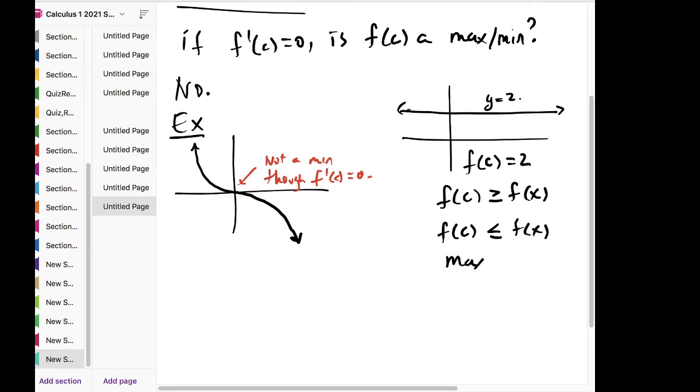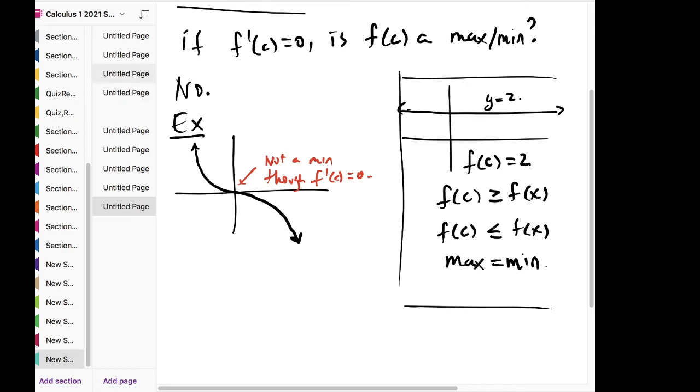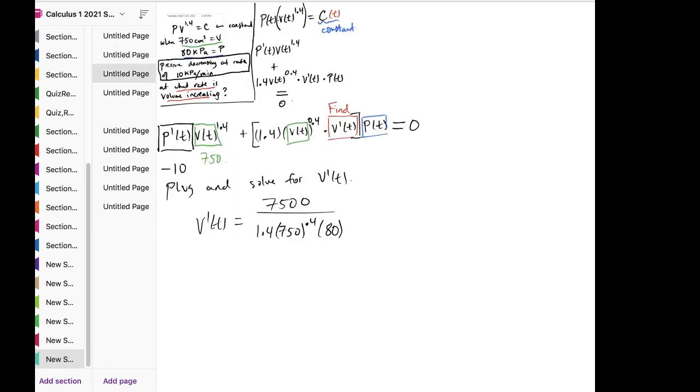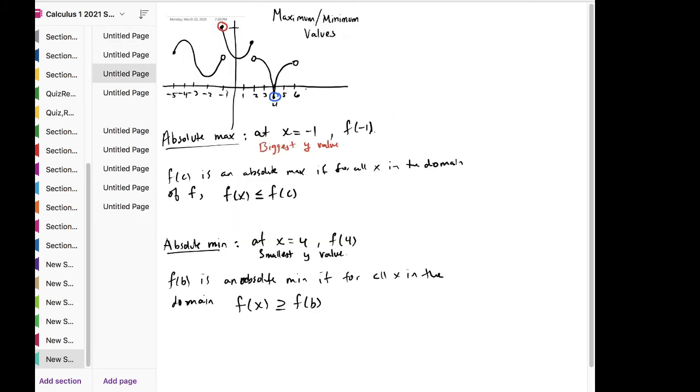It's okay, max equals min. Right, it's the "or equal to" in our definition, not strictly greater. If it was strictly greater, then it would not obey the max-min property.